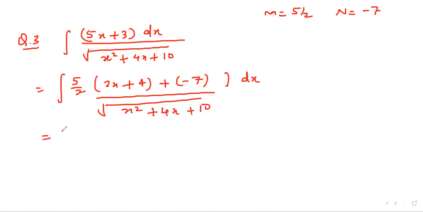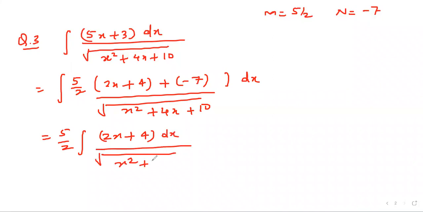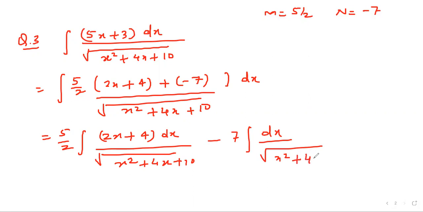We write it separately. So 5 by 2 integration 2x plus 4 dx divided by root of x square plus 4x plus 10, minus 7 integration dx divided by root of x square plus 4x plus 10. Now we will take them as I1 and I2. And we are going to evaluate I1 first.